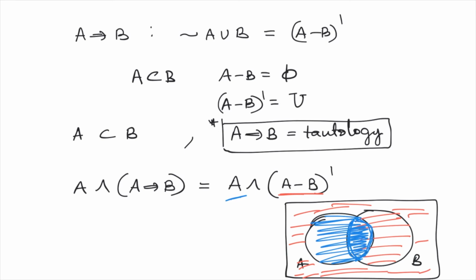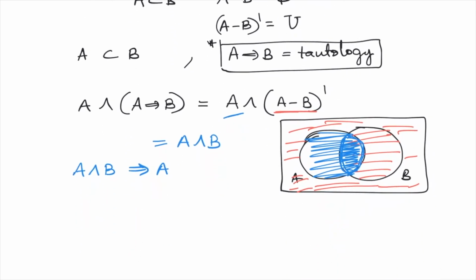So this region is equivalent to A and B. Now since A and B is a subset of A, A intersection B is a subset of A, and B implies A. It's a tautology, right?